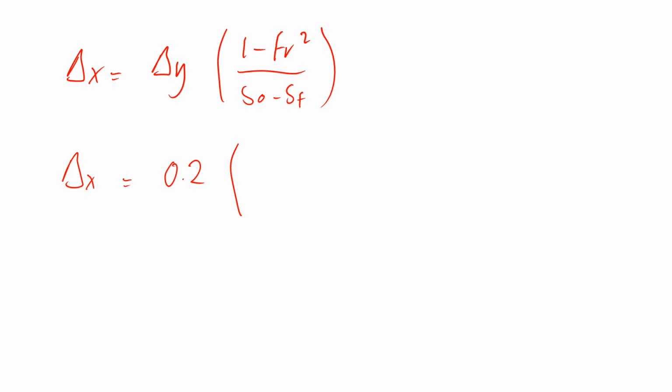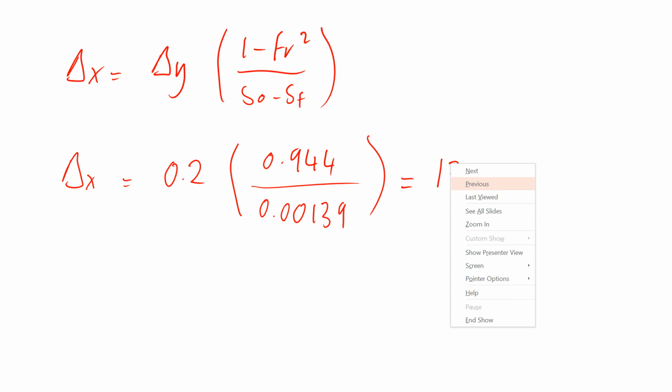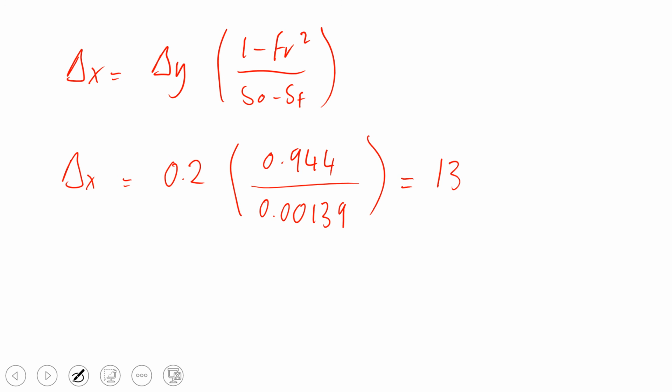Delta y was given. 1 minus F_r squared is 0.944, divided by 0.00139, and that gives you 135.8 meters.